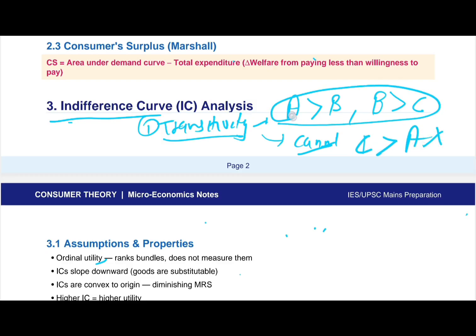If a person prefers bundle A over B and B over C, then he definitely likes bundle A over C. This is the transitivity assumption.